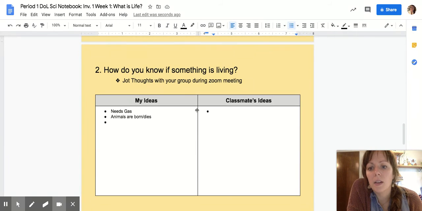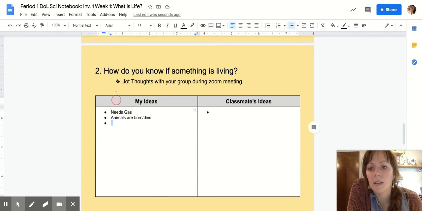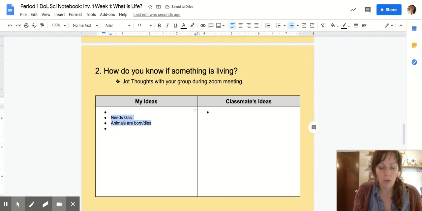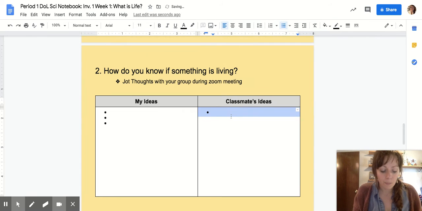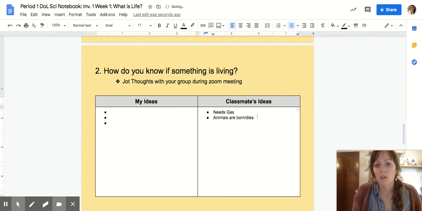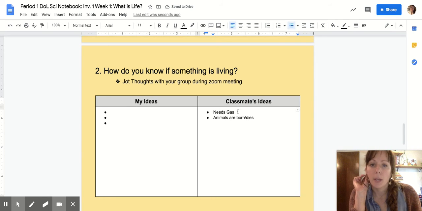And then down here is a jot thoughts section, and I'll just give you some ideas that your classmates had, and then you can jot down the rest of your thoughts. Some of your classmates said that living things need gas of some kind, maybe oxygen, maybe CO2. Animals are born and die, so classmates were thinking that could be a sign that something is living.